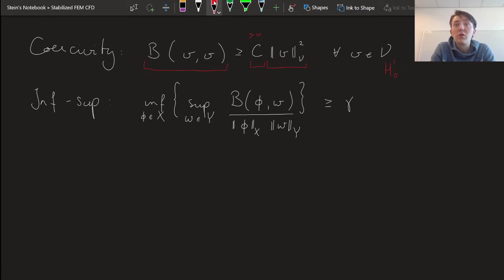So this has to be true, or if we can prove that this is true for all functions in H1, then this will also be true if I take a subset V_h of V, a subset of V. So if our original problem again involves the space H1 and we're using a finite element mesh of these hat functions, or multidimensional equivalents of these hat functions, well, each of these functions is a function in H1.